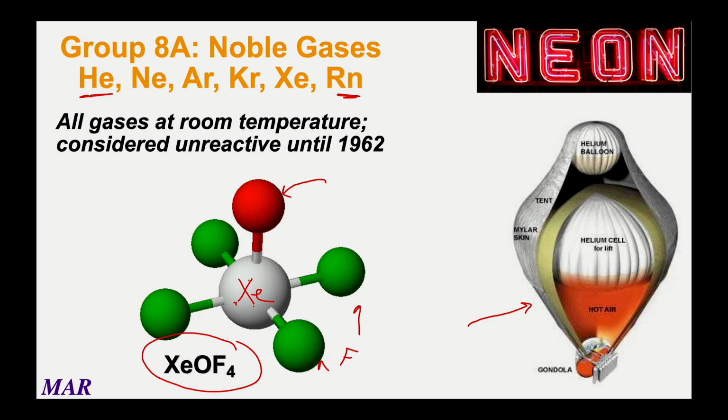They've made compounds now with xenon and krypton, but I am yet to be convinced that they've made compounds with the other ones, but xenon and krypton have been made. Neon, of course, is used for neon lights, for signs and stuff, so if you've ever seen those at night, thank the noble gases, but don't call them inert gases anymore because obviously they've made some compounds.